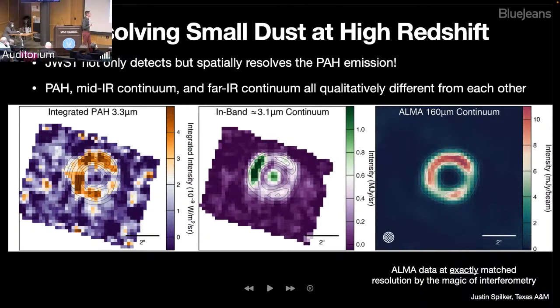So the thing that I think is interesting about this is that the far IR peaks here. That's this region here, which is not bright in the continuum. And that's this region here, which is close to but offset from the brightest regions of PAH emission. I think it might be easier if you do a ratio map. Yeah, I'm happy to, I can talk more about that with you offline, sure.